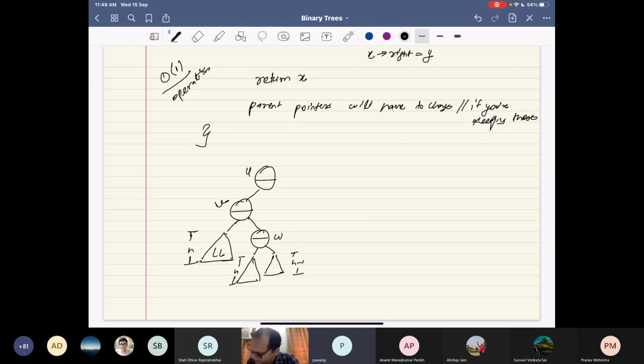So this remains -1. Here the right subtree has gained height, so this will be +1, and this becomes -2. So h+2, and the right is just h.